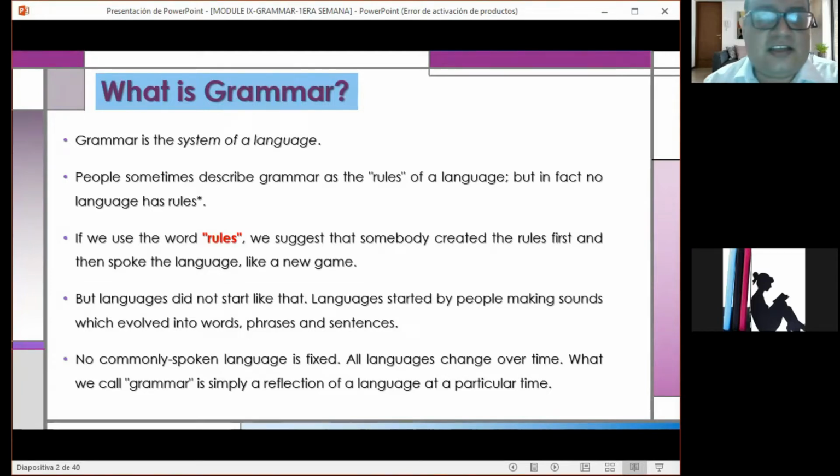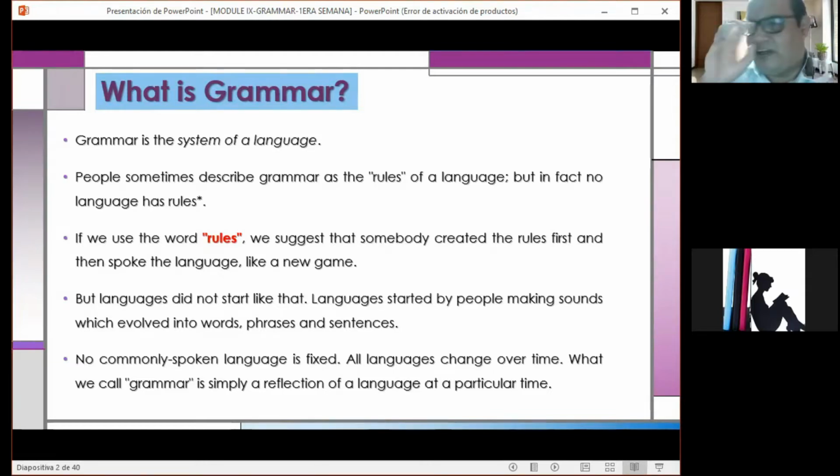It is changing and changing and changing over the years. That's why we couldn't say exactly that grammar refers to rules. That's why here at the end it says that grammar is simply a reflection of a language at a particular time.